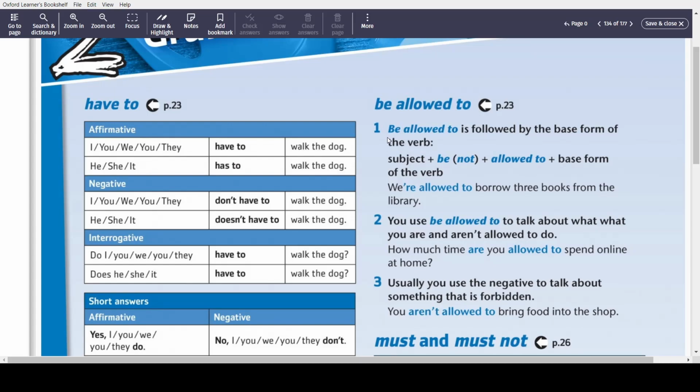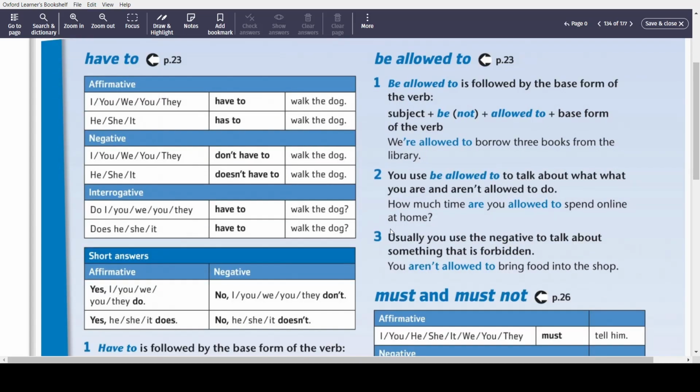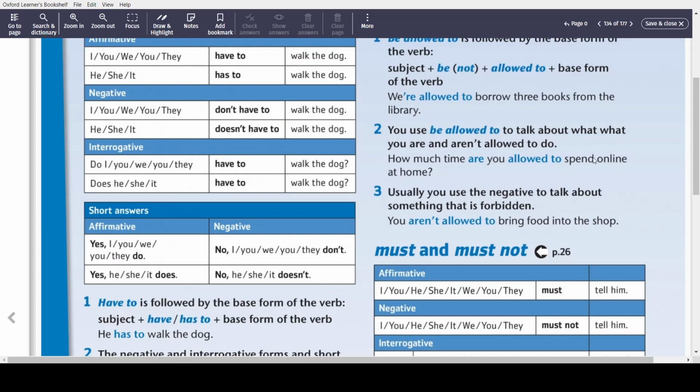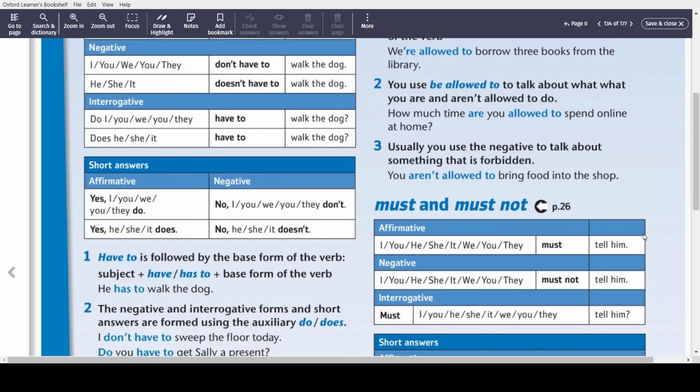I'm allowed, I was allowed, I will be allowed. You use be allowed to talk about what you are and aren't allowed to do. Usually we use the negative to talk about something that is forbidden. Okay? You aren't allowed to bring food into the shop.